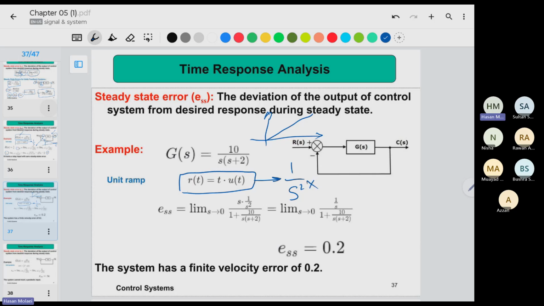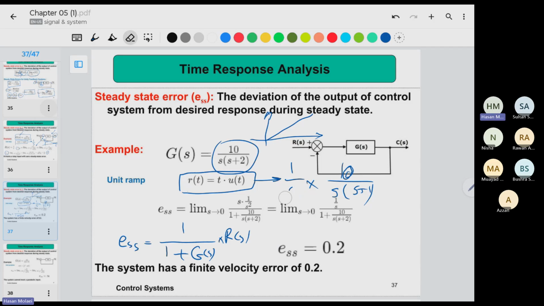You multiply it by G(s), right? Basically, let me write the E(s) is this. E_ss, if you do the calculation, will be like this. G(s) times the input. The input is R(s).